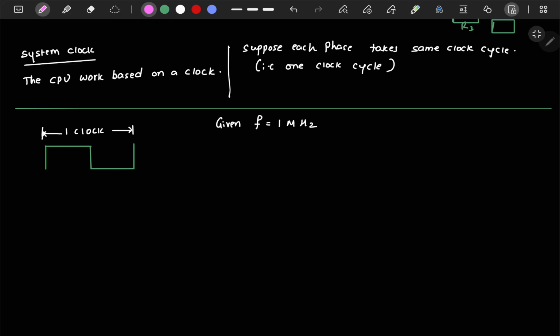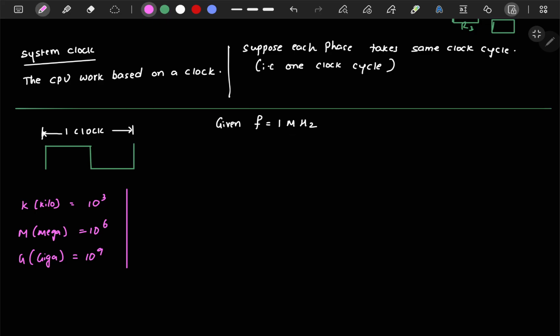There is also a terminology k, which means kilo, and it is 10 raised to power 3. Mega means 10 raised to power 6. Giga, g, means 10 raised to power 9. You have to memorize these few things.